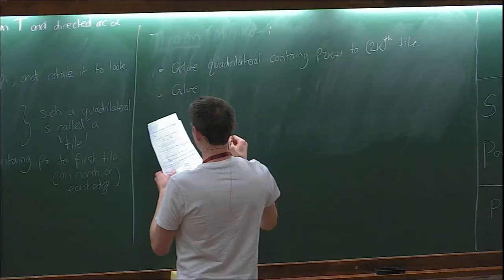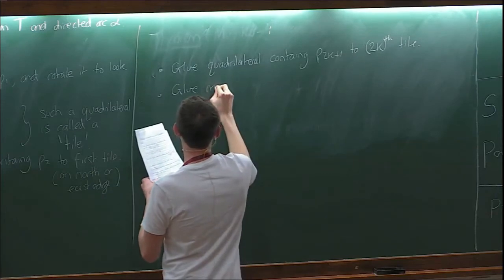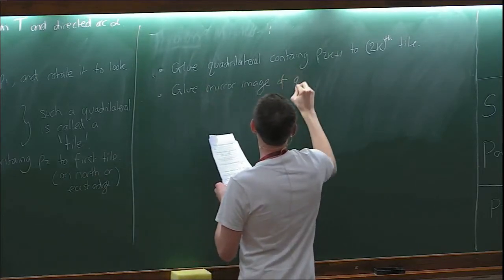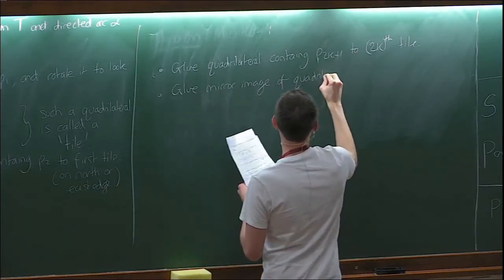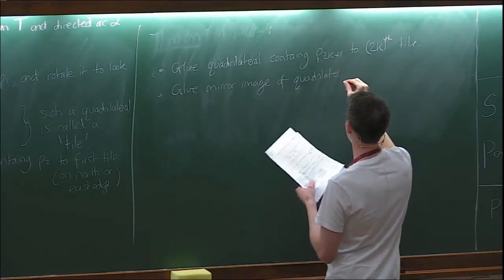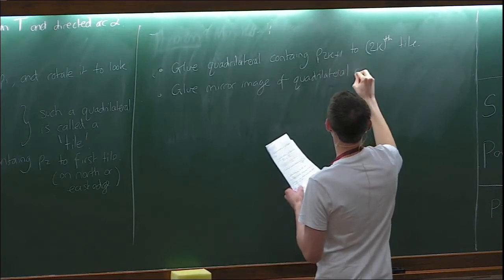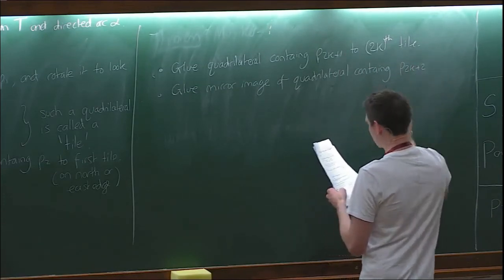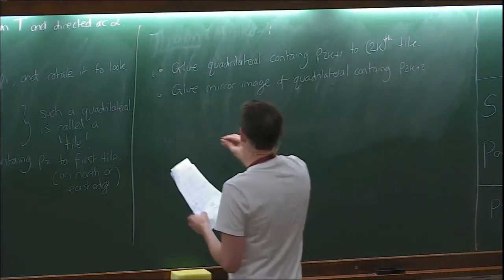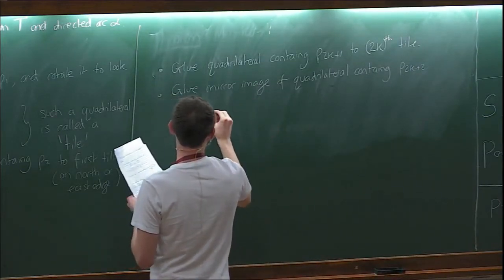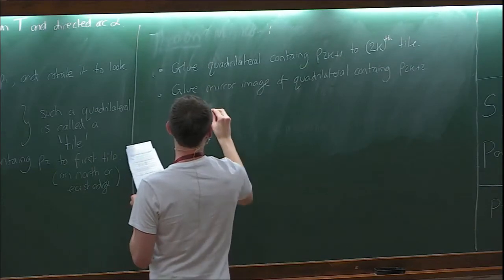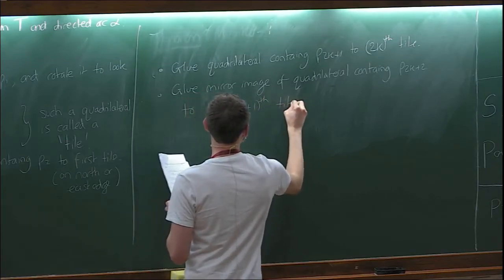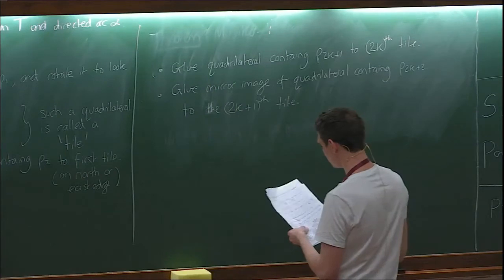And then in the next step, we need to glue the mirror image of the quadrilateral containing P_{2k+2} to the tile before, so the (2k+1)th tile.